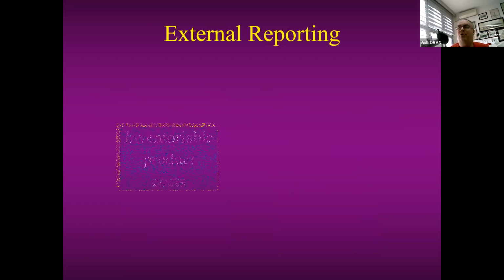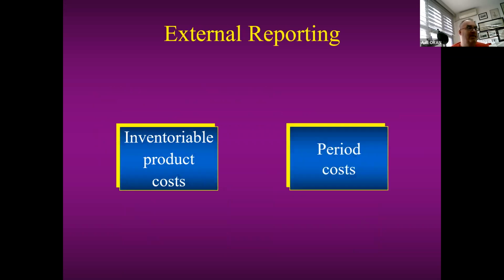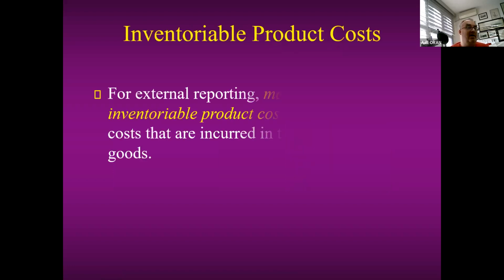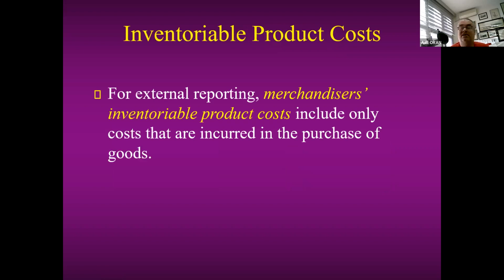So for external reporting, financial accounting, the inventoriable product costs and period costs end up being separated, right? So inventoriable product costs end up in the balance sheet under inventory until you sell them, wherein they become cost of goods sold. On the other hand, the period costs directly go into the income statement.